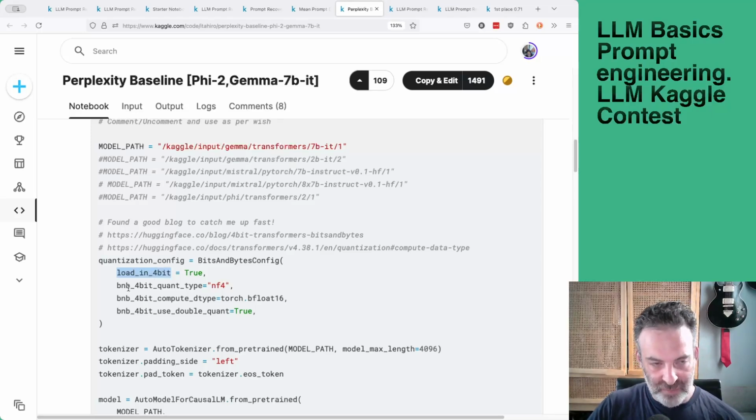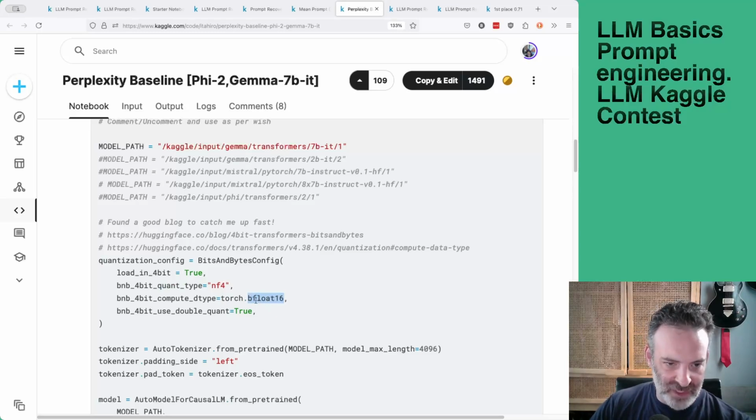You can choose 8-bit as well, I think. The quantization type is NF4. Don't worry too much about any of this stuff. If you want to jump down a rabbit hole of figuring out different quantization options, it's easy enough to go and read about that. But these are good basic settings.